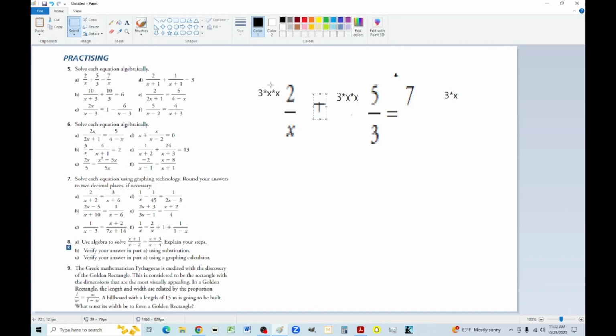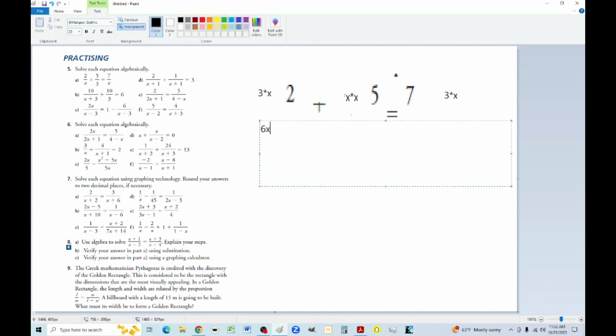It's clear over here that one of the x's cancels out, and over here that the 3's cancel out. So 2 times 3 times x on the left here is 6x. 5 times x is 5x squared. 7 times 3x is 21x.